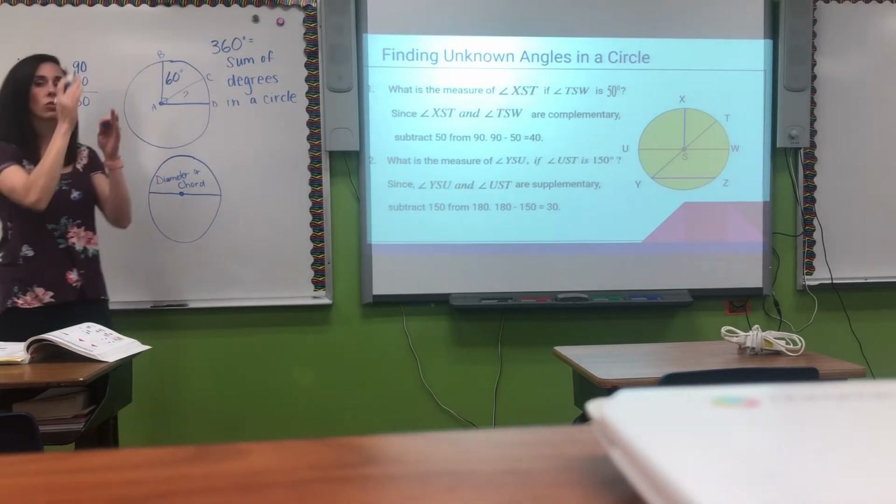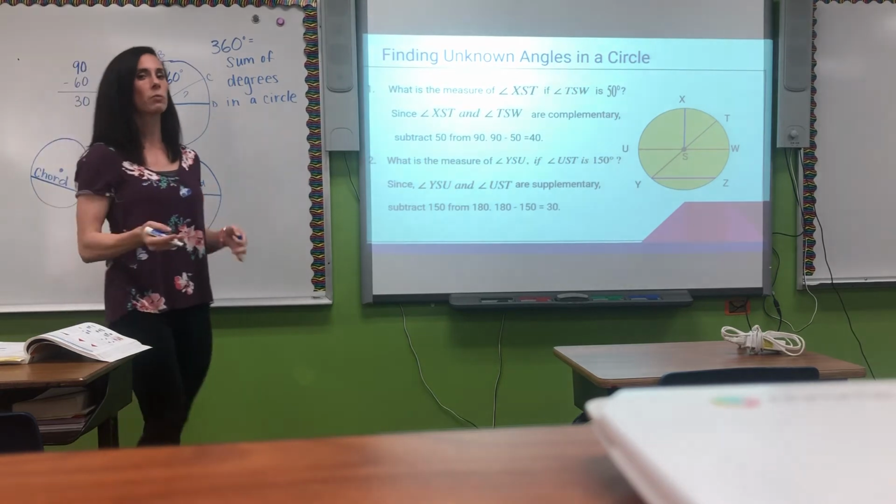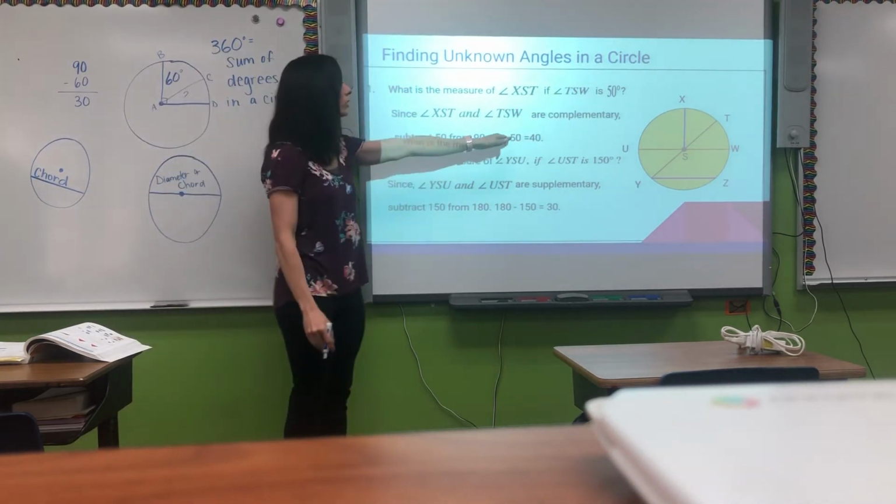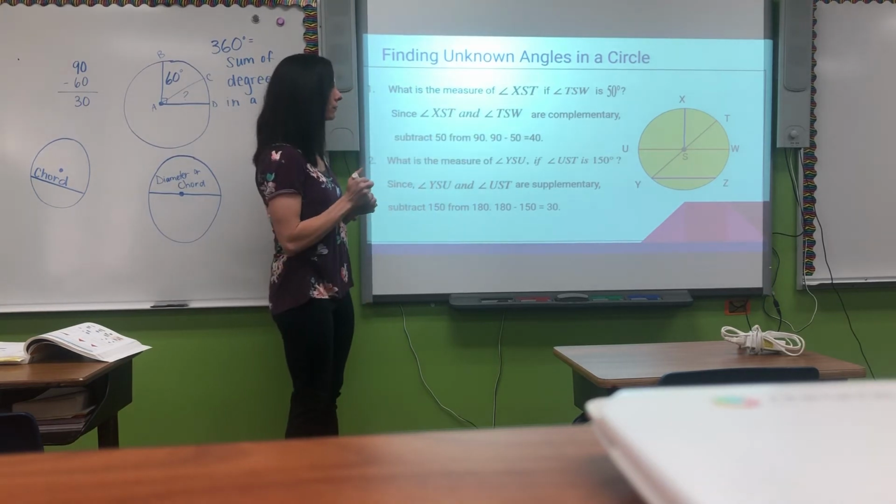So anytime it's a right angle or your total is complementary, it means they add up to 90 degrees, and you're just subtracting what you're given from 90.